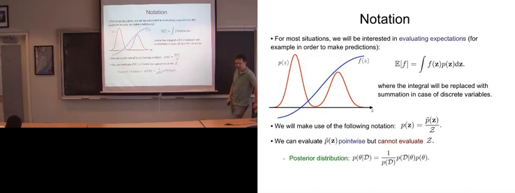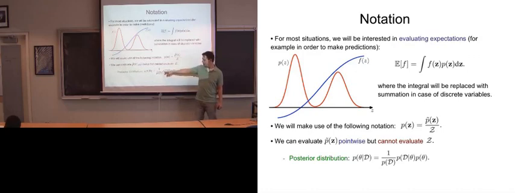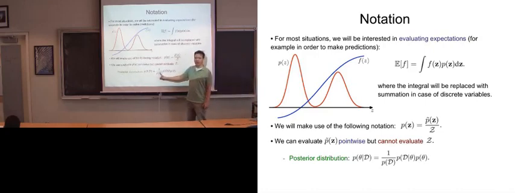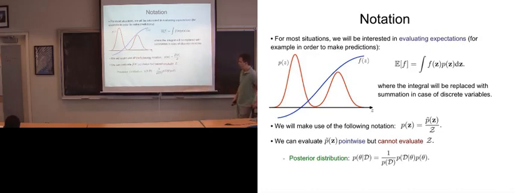Let's look at some of the models. Remember, when we look at the posterior distribution, the posterior distribution is proportional to the likelihood times the prior. For any given parameter theta, you can evaluate this. If I give the parameters, you can evaluate the likelihood, and you can evaluate the prior. But you cannot evaluate the marginal likelihood, because that requires an integral.